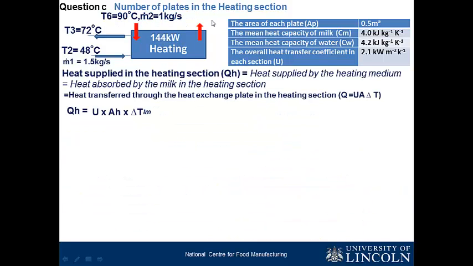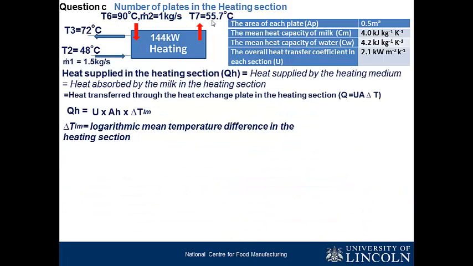Now, to calculate our logarithmic mean temperature difference in the heating section, we're still going to use the same principle. Let's say this is the milk and that's the water. Water is flowing from 90 to 55.7, and the milk is flowing from 48 to 72 degrees Celsius.